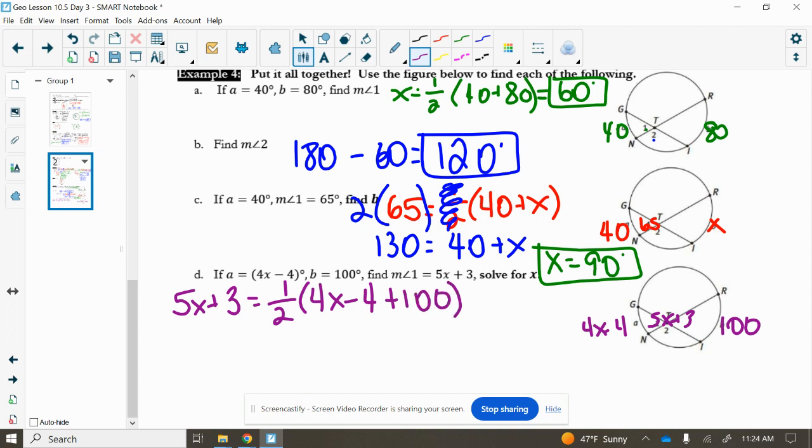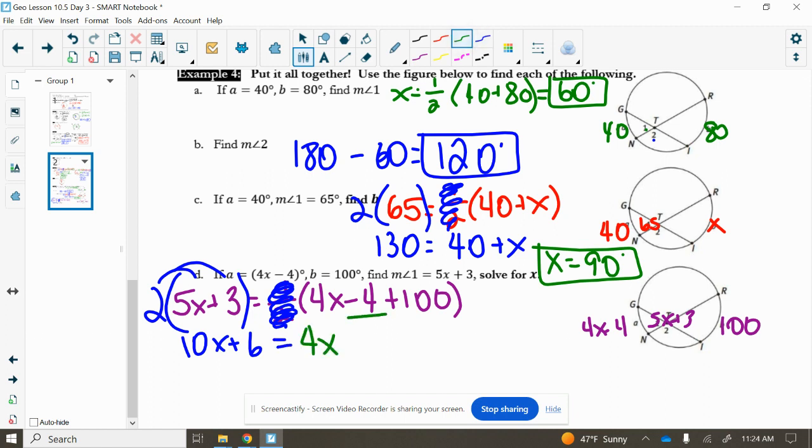I advise you to double that angle to get rid of the 1/2 so we don't have to deal with a fraction. And when we distribute, we end up with 10x plus 6. And then on the right-hand side, we have 4x minus 4, but plus 100 is 96.